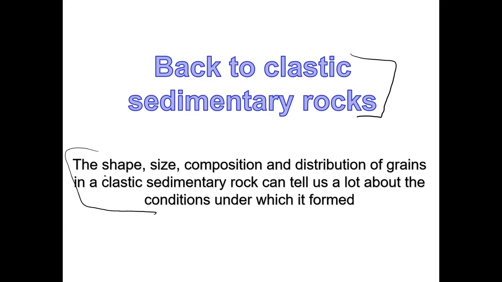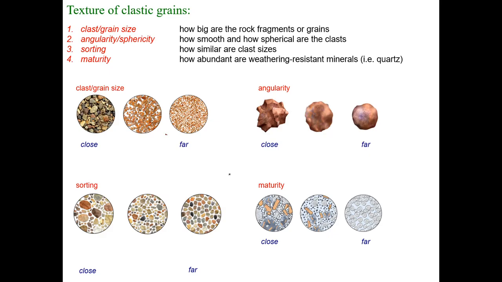We can learn something from the shape of the grains, from the size, from the composition, and the distribution of different grain sizes. So we're going to look at each of these: grain size, the angularity, the sorting, and the maturity. We're going to look at each of these in turn.